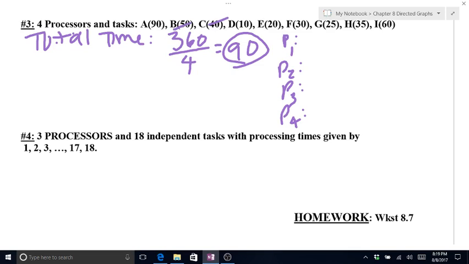B and C. A can be done all by itself. I and F. 50, 60, 70, 80, 90. D, E, G, H.